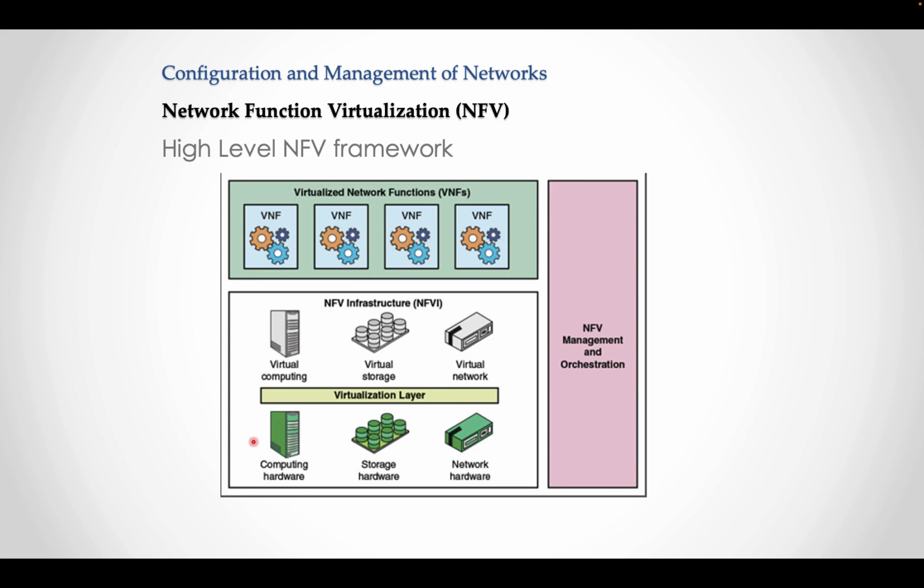Or if it is a firewall, for example, to steer the traffic into the server where the firewall is. Okay, so this NFV management and orchestration has to be able to do this. It has to be able to create this virtual overlay, and for this it has to have APIs dealing with the hardware resources.